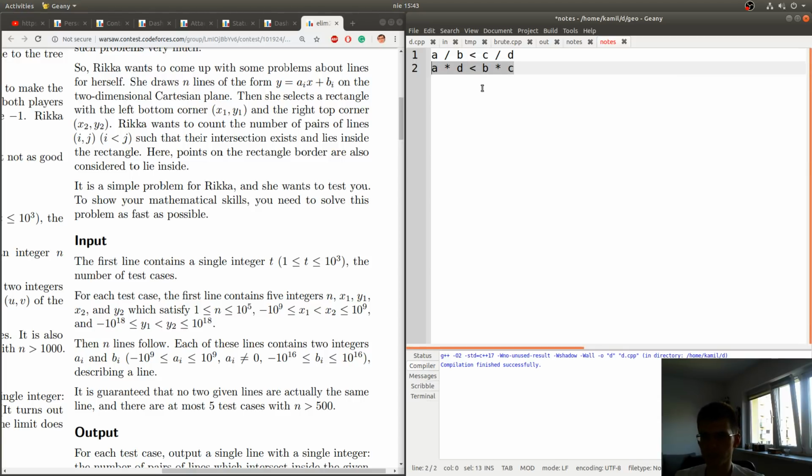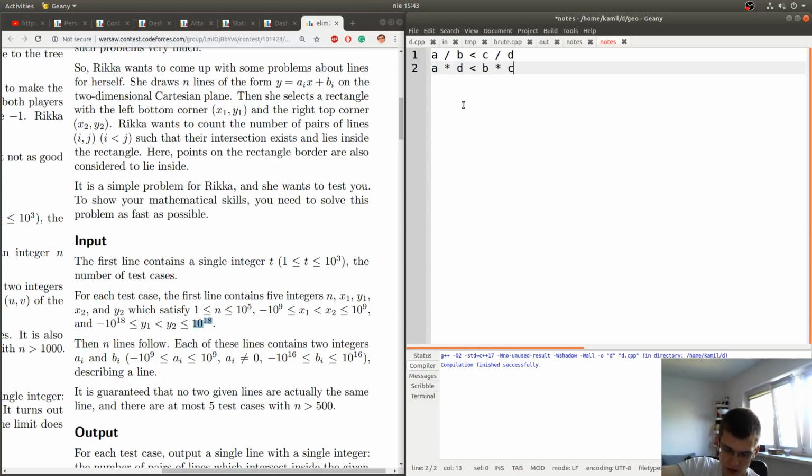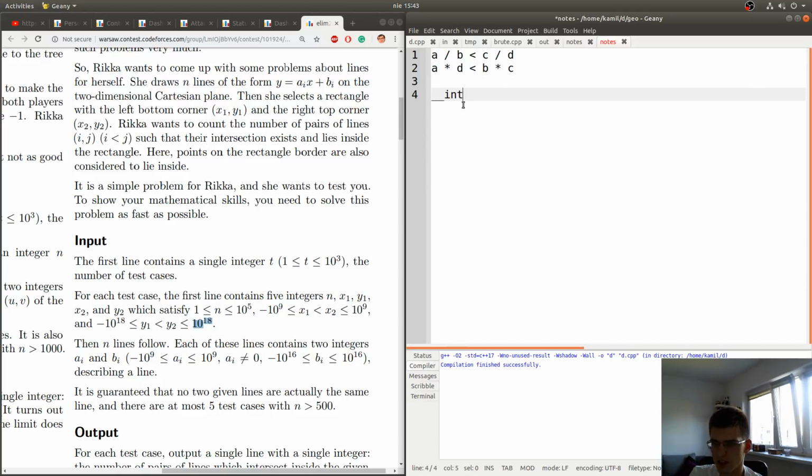So here we have integers, and an issue is that here we have 10 to the power 18. So multiplications of numbers of this magnitude don't fit in the int type. You are fine if you use Python or Java. Then the solution would be a bit slower, but it's fine. Depending on computer architecture, maybe you will be able to use int 128.